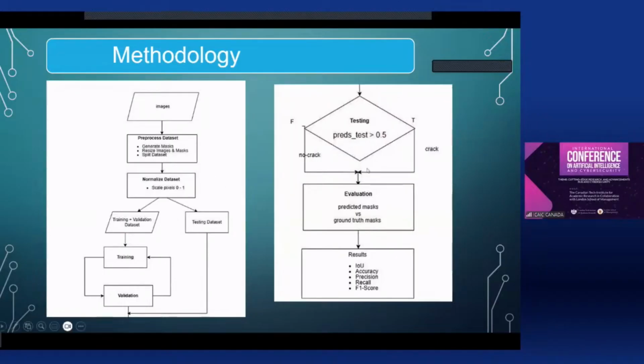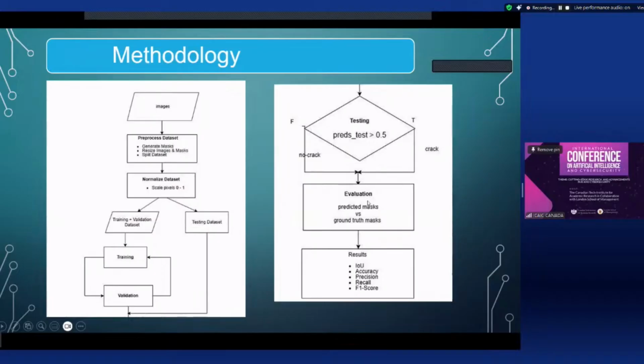But because this is a classification problem, where we only need it to be either crack or no crack, 0 or 1, we need to convert such probabilistic values to 1 or 0. That is what this condition is doing. If the value is like 0.4, it's classified as no crack because it's less than 0.5. But if the probabilistic value is above 0.5, then it's a crack.